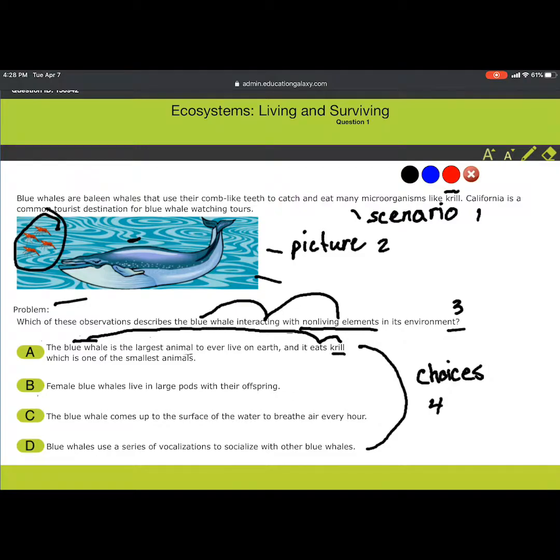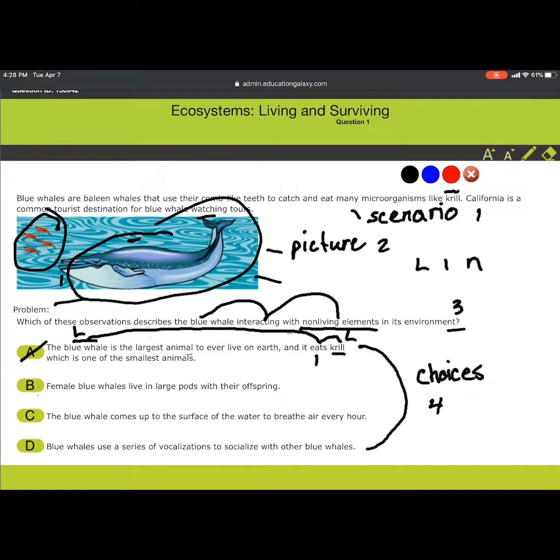Krill are right here, and the blue whale is right here, and both are living. So this is the way I'll do it: L for living, and I for interacting. LIL means living interacting with living, and we're looking for living interacting with non-living. So that one, most likely, is not the case.